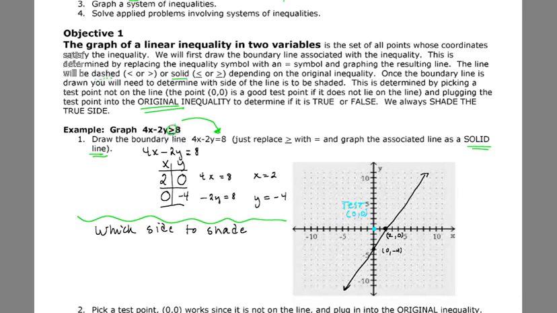So let's take the test point (0, 0) and plug it into the original inequality. The original problem looks like 4x minus 2y greater than or equal to 8.